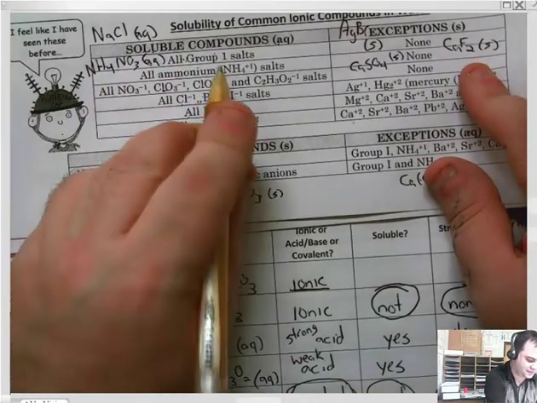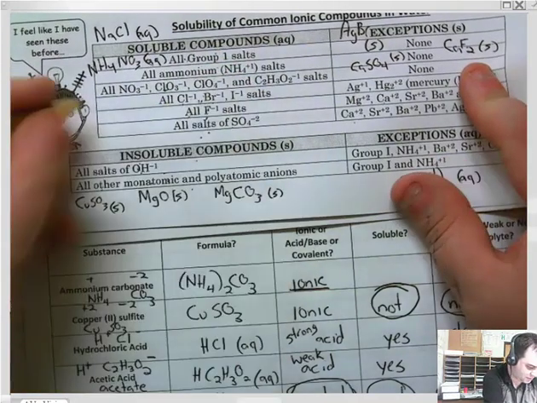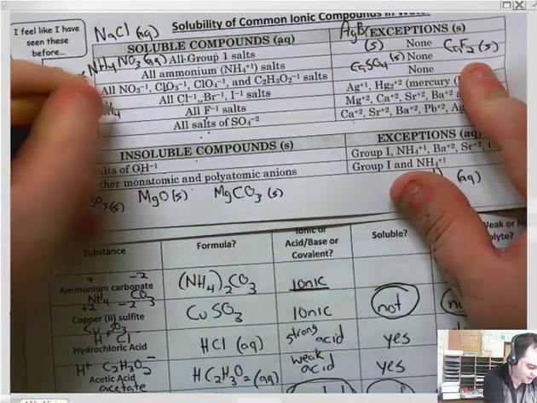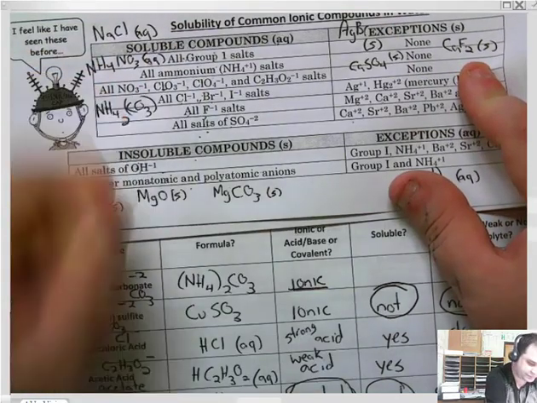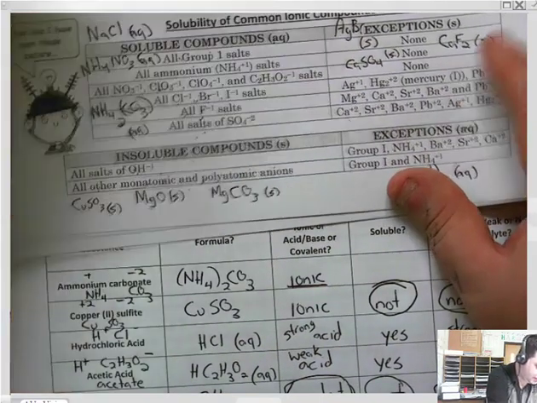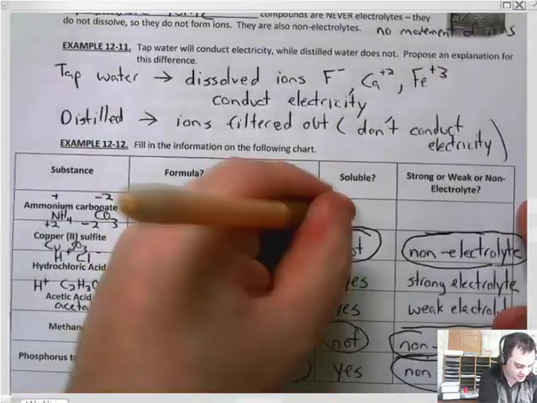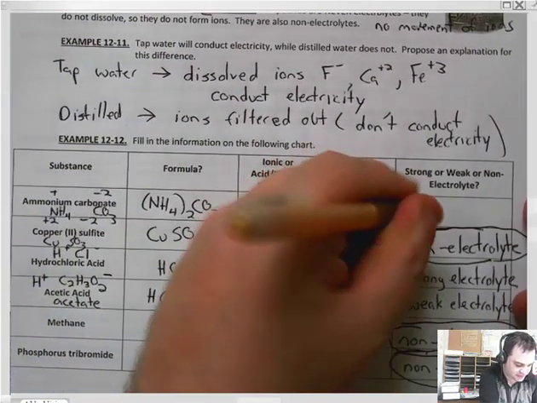Carbonate, group 1, no. Ammonium, right here. So ammonium carbonate stays in this square because there are no exceptions. So this is AQ, since it's in the first square. So this is soluble, which means this is a strong electrolyte.